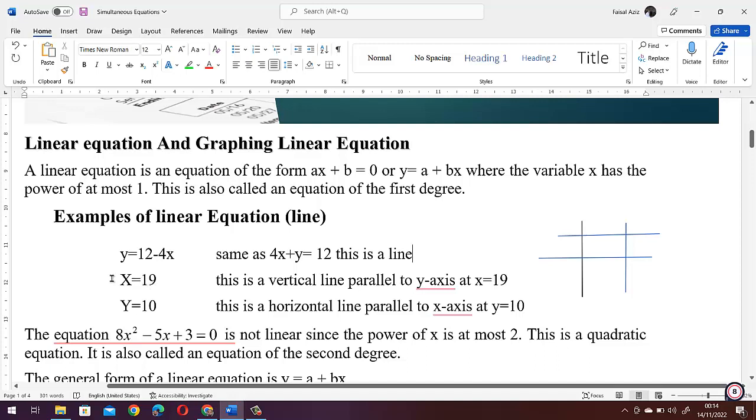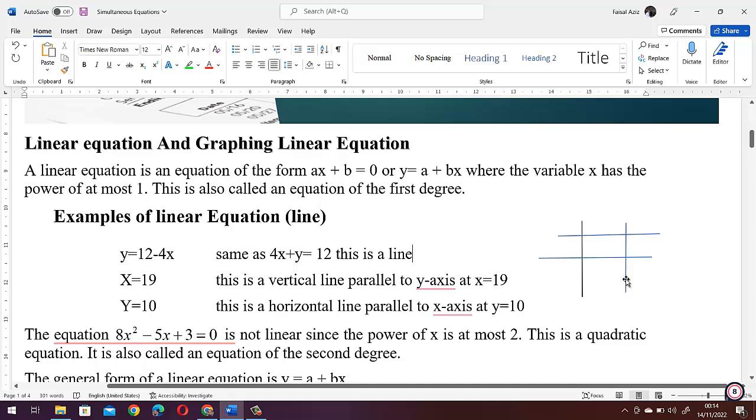Let's say we have one equation x equal to 19 and another equation y is equals to 10, and we need to get the solution set. So what we can do is, after plotting the graph, we will pick the point of intersection. A point of intersection is a point where two lines are intersecting each other, so we can read the value of x and value of y to get the point of intersection.